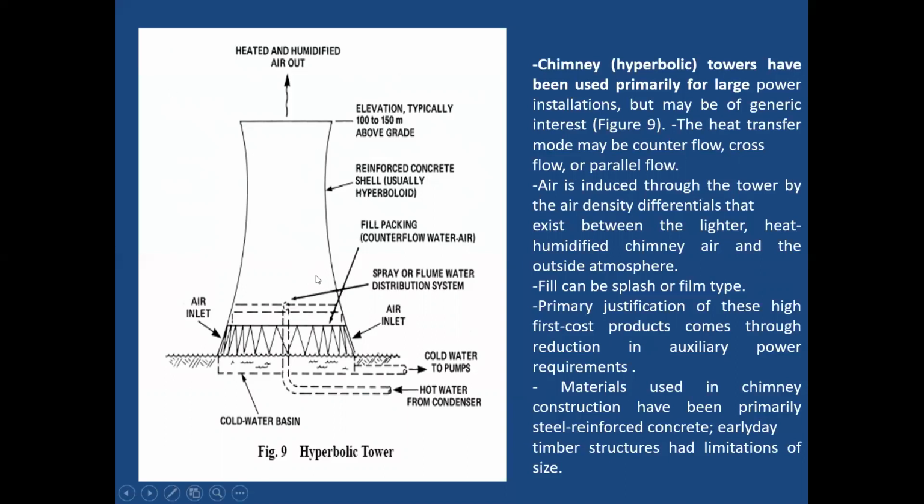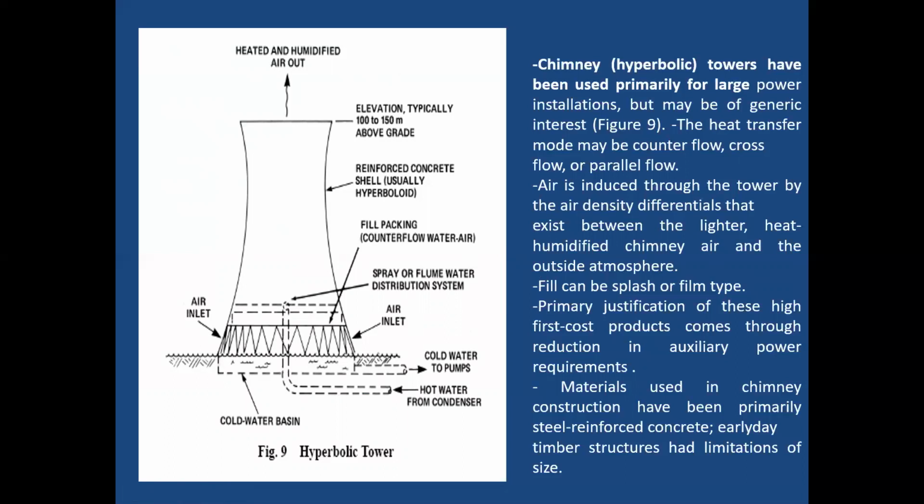Air is induced into the tower by a density difference, so air moves through the tower because of this hyperbola profile. Due to density difference, the air moves from high density to low density, in the upward direction. The air is induced by the air density differential between the lighter, heated, humidified chimney air and the outside atmospheric air.